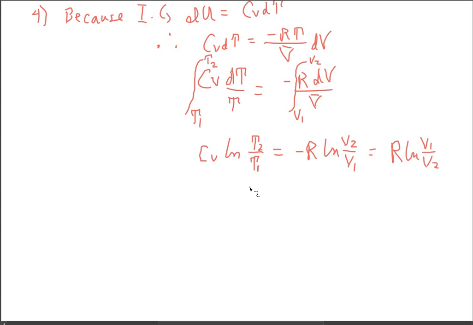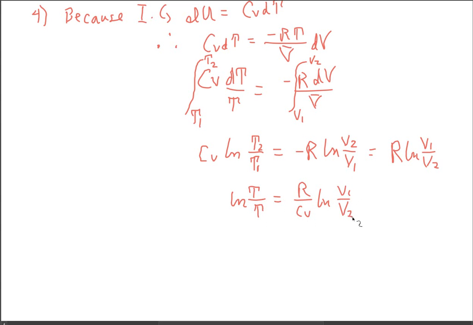Now the next thing I'm going to do is divide through this term and this term over here by CV. So I will have the log of T2 over T1 equal to R over CV times the log of V1 over V2.